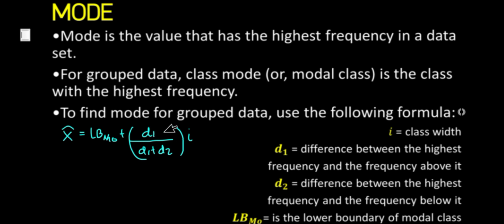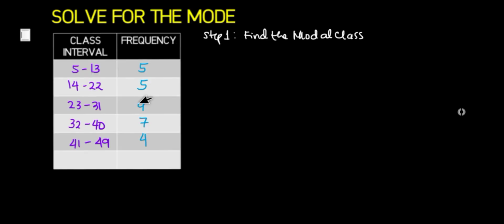So, x hat or mode is equal to lower boundary ng modal class plus yung difference 1 over difference 1 plus difference 2 multiplied to I or class width. D1 means difference between the highest frequency and the frequency above it. And then yung difference 2 naman is difference between the highest frequency and the frequency sa baba naman niya. So, isa-isayin natin yan. Let's now compute for the mode.